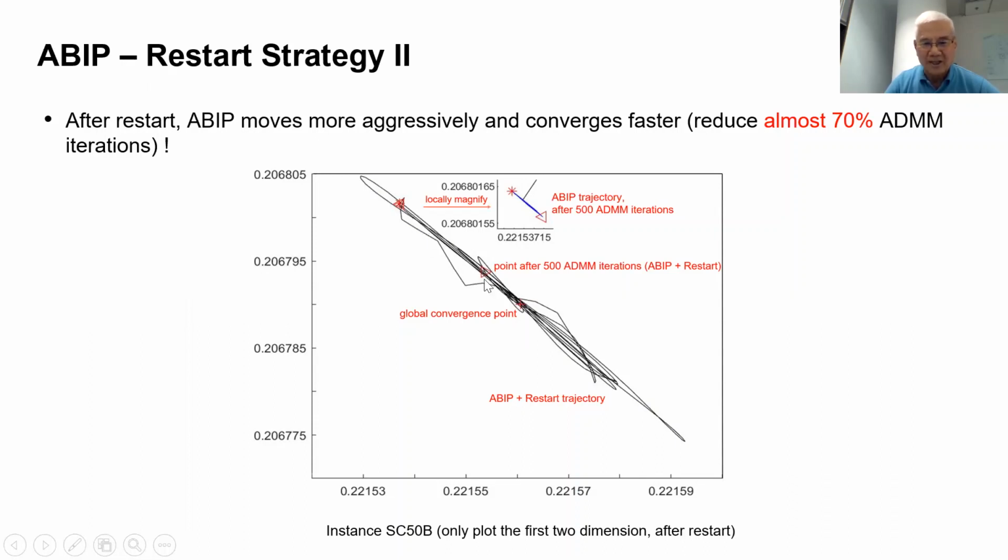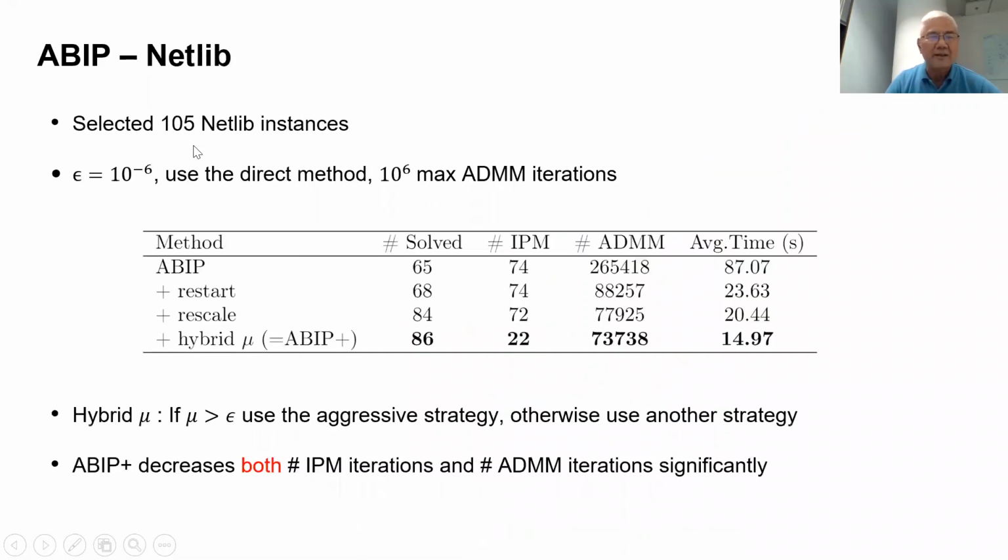Instead, you take some average point, then start from that point rather than swinging left or right in an extremely violent way. So this is called the restart strategy, and more or less you take some average of previous iterations as the new starting point, okay? We found that for certain problems, this reduces almost 70% of ADMM iterations, because each window we need to use ADMM, okay?